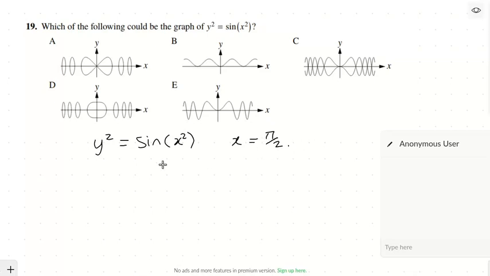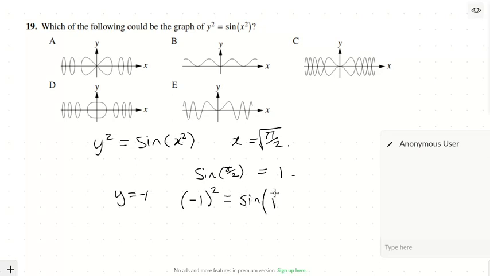Then we're going to get sine of, hang on, the root of pi over 2, let's say. Then we're going to get sine of pi over 2, and sine of pi over 2 is 1, if we're working in radians anyway. Well, y could be minus 1, and that equation would be satisfied because you'd have minus 1 squared equals sine of root pi over 2 squared, and that clearly satisfies that equation.